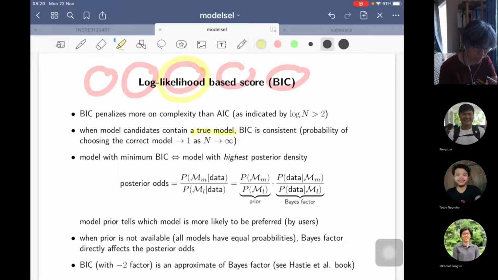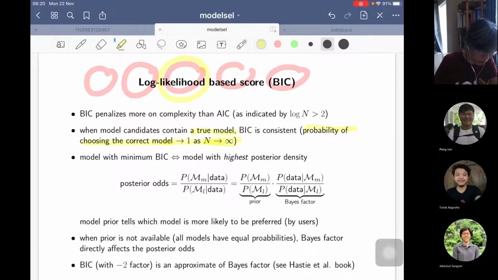It can be shown that when you have a lot of samples, when n approaches infinity, the chance that BIC chooses the correct model approaches 1.